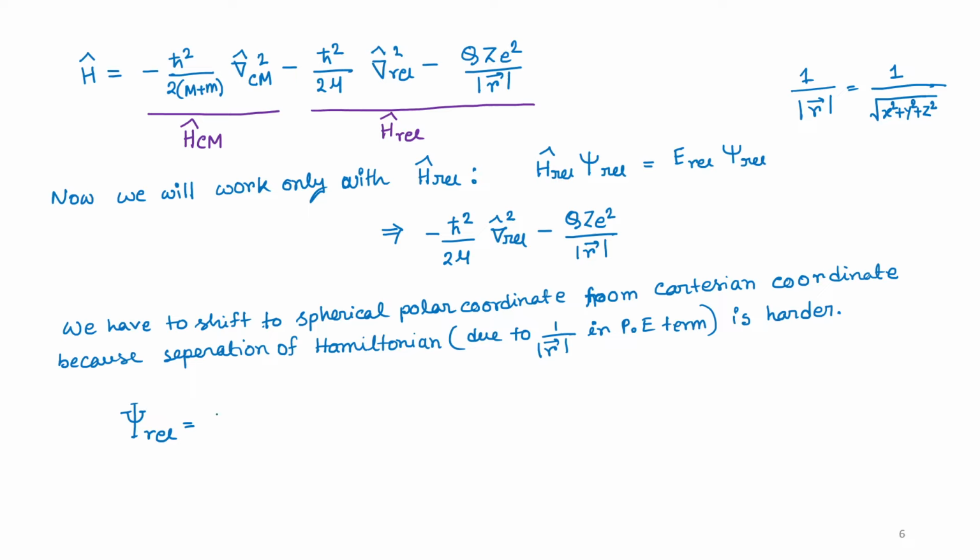So we have to write this psi, not capital, maybe a small psi will also work, as a relative function of r, capital theta a function of theta, and phi.